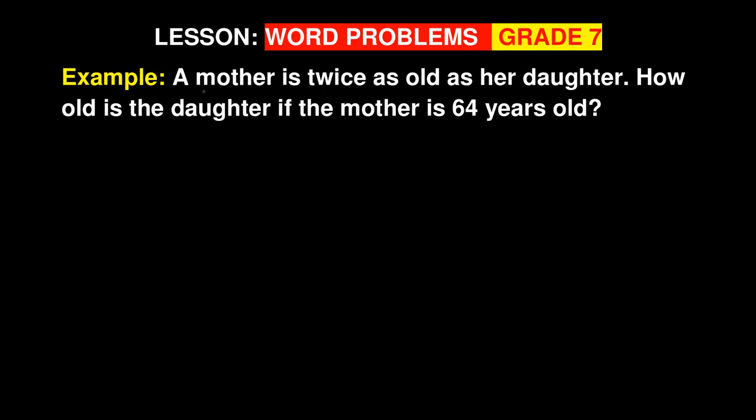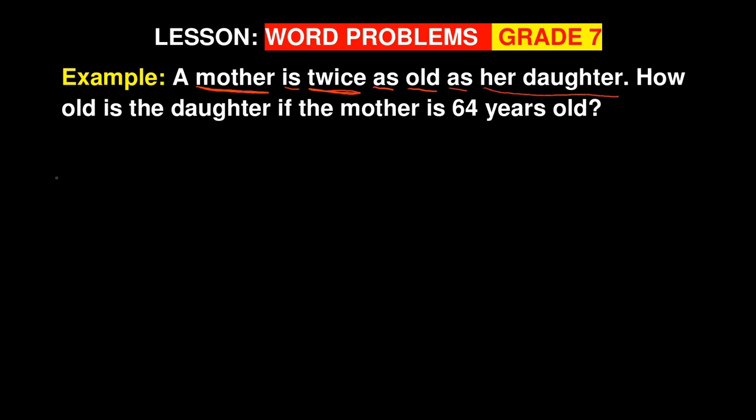It says a mother, we underline the mother, is twice. So already we have got a mathematical statement there that the mother is 2 times. Twice means 2 times. Is twice as old as her daughter.